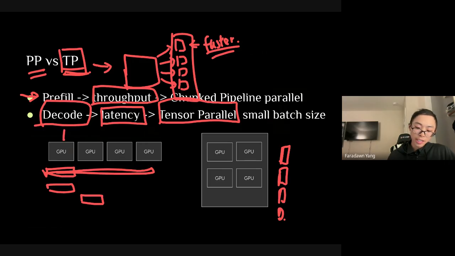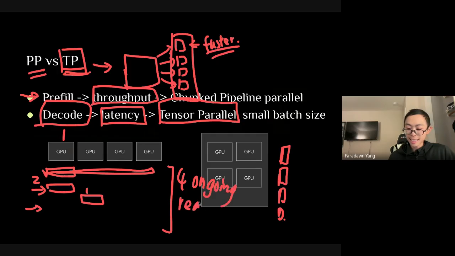So GPU 1 is free to process the next request. So in the pipeline, if you have 4 GPUs, in total you can have 4 ongoing requests at the same time. So this improves the throughput by a ton.